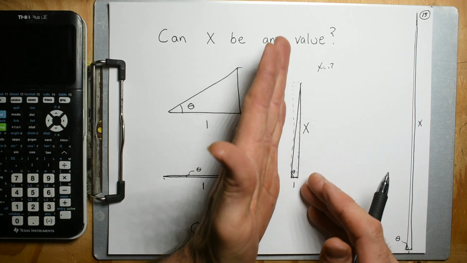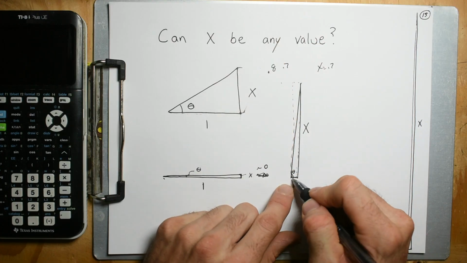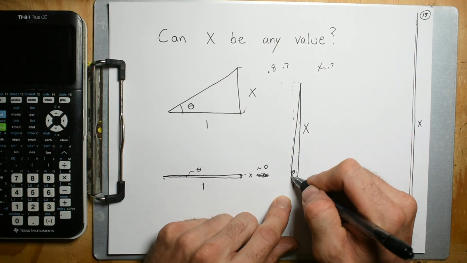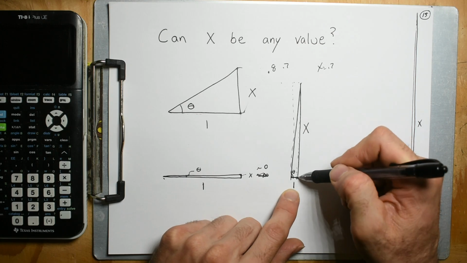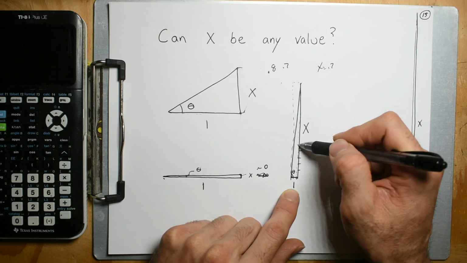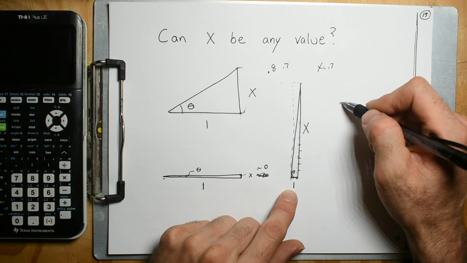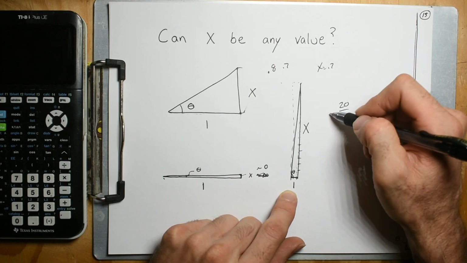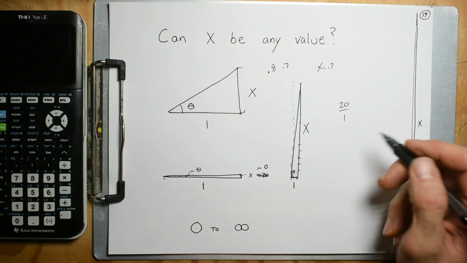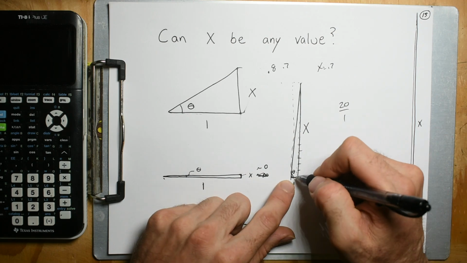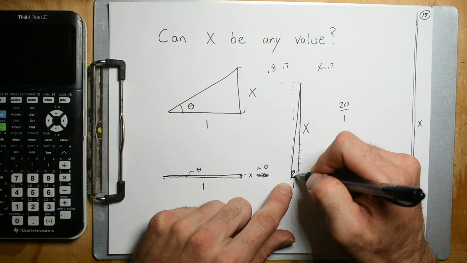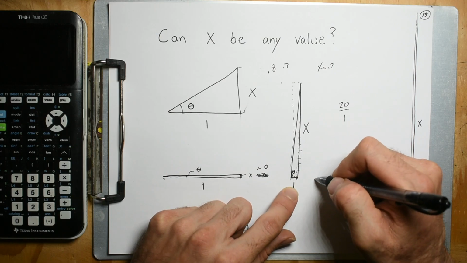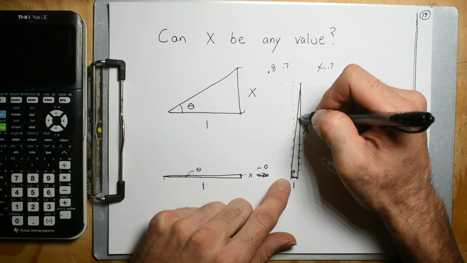Now let's go up to like a 98-degree triangle. What do we have here? This is going to be 1, so just keep that in mind. And this length is, let's say it's 20. 20 to 1. Okay, so now x could be 20. And then we're going to get into it in a second, but what if I half the angle?